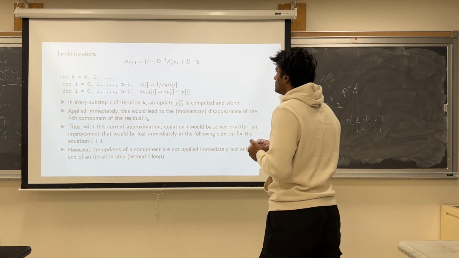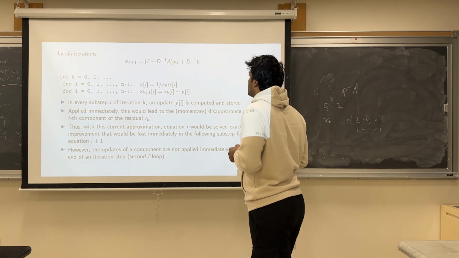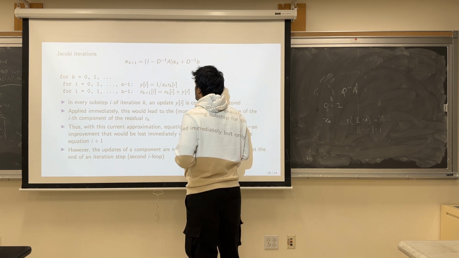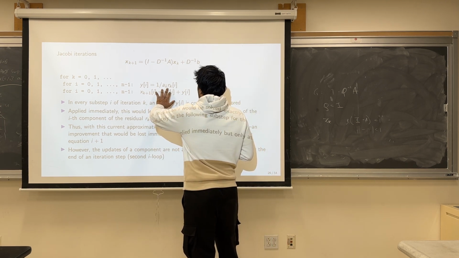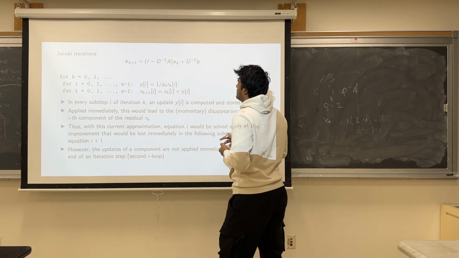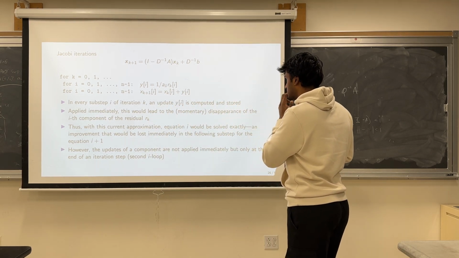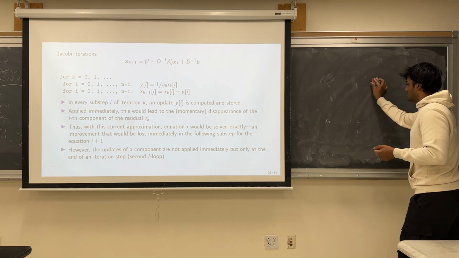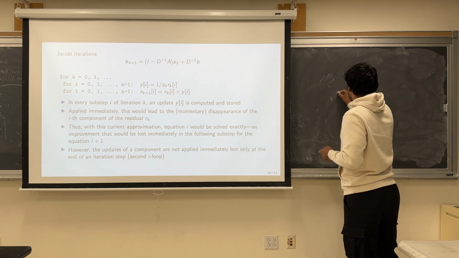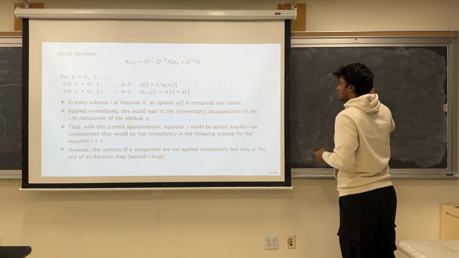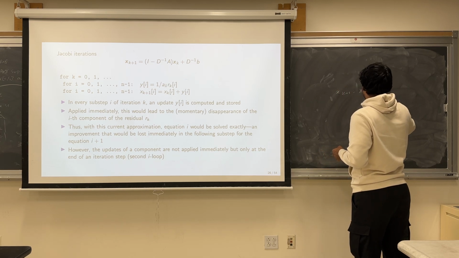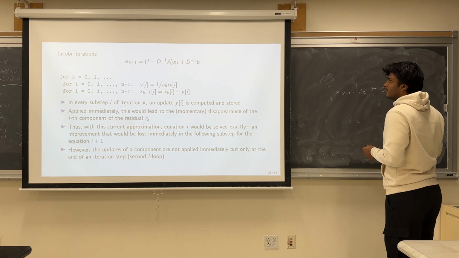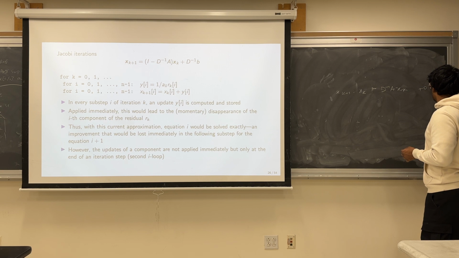Jacobi? What about the Jacobi iteration? I just divided the residual. Let me write the iteration in the algorithmic sense. x_{k+1} equals x_k minus D inverse A x_k plus D inverse b.